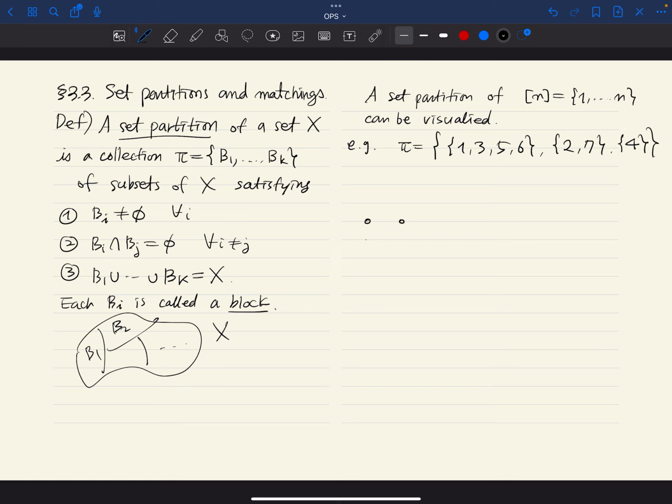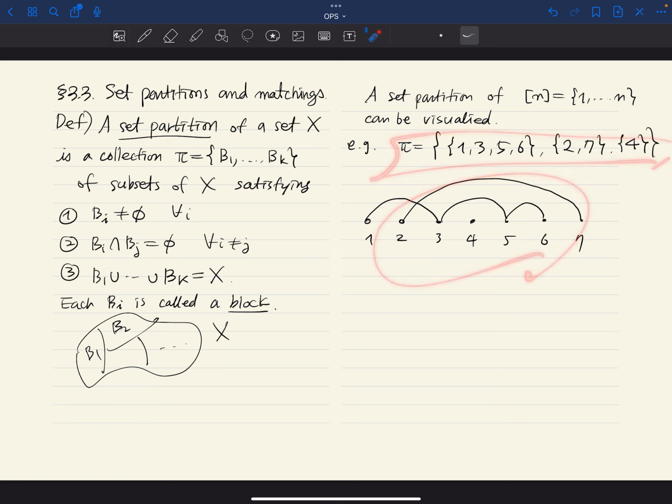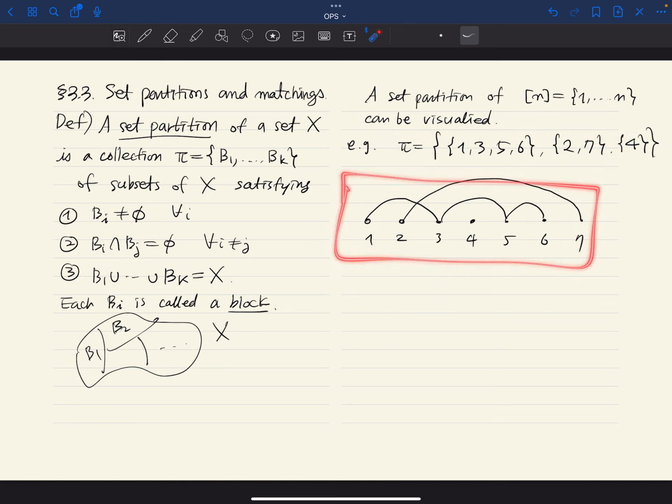We put dots labeled 1, 2, 3, 4, 5, 6, 7, up to n. And then if you see a block like this, you just connect the dots like 1, 3, 5, and 6. This is one block, and 2 is connected to 7, and 4 just stays there. So this is a set partition. This is a visualization of it. So we can easily identify these two.